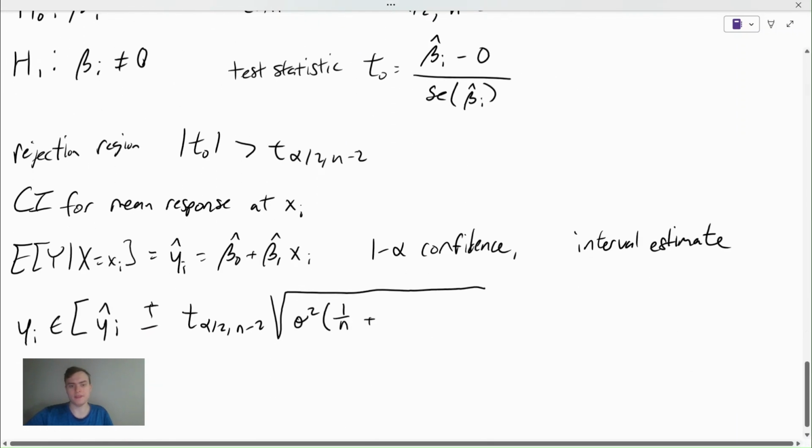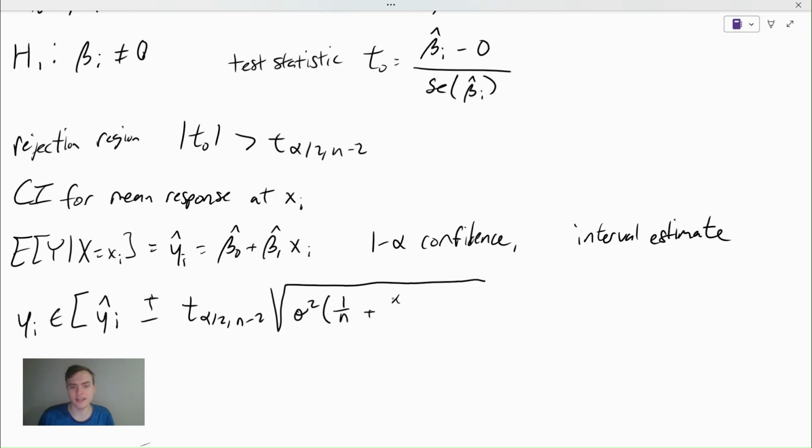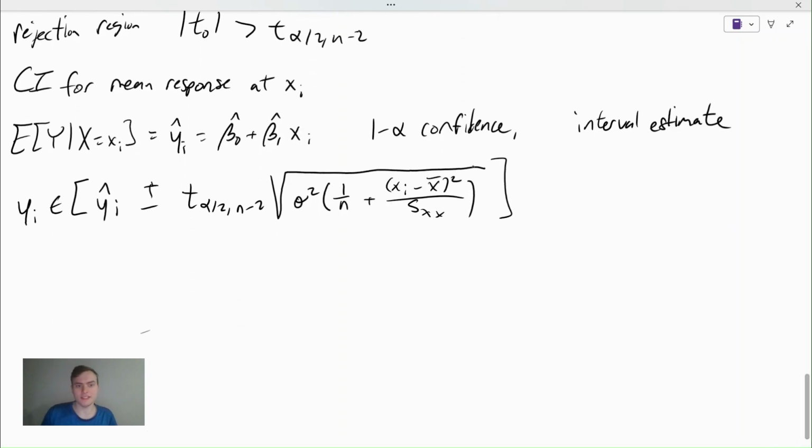Here we have 1 over n plus xi minus x bar squared over sxx. And so that means at a specific xi, that changes the length of our confidence interval. And the length of the confidence interval is minimized at x bar. When xi is x bar, this comes out to 0, and we're just left with the 1 over n term in the parentheses.